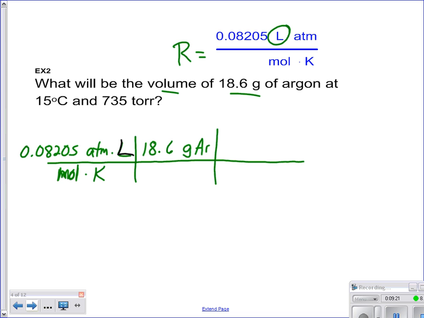So when we look at our periodic table, we see that for every 1 mole of argon, we have 39.95 grams. So now by doing that, we got our grams to cancel and our moles to cancel. Again, it's just playing a canceling game. That's all we're trying to get them to do.